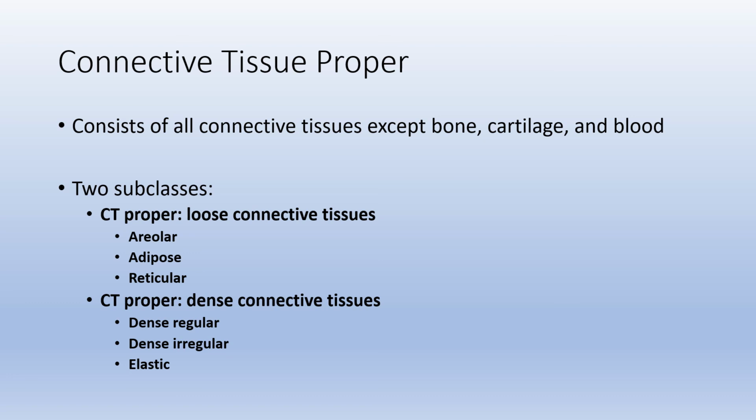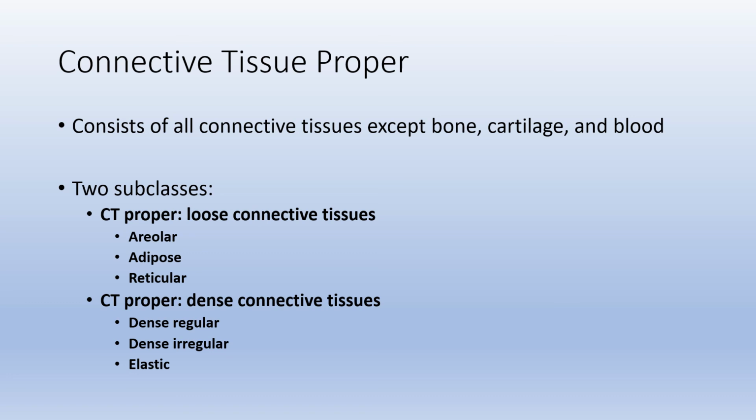So connective tissue proper was a class of connective tissue. Now we have two subclasses of connective tissue proper: loose connective tissue and dense connective tissue. There are several different types of loose connective tissues and several different types of dense connective tissues.